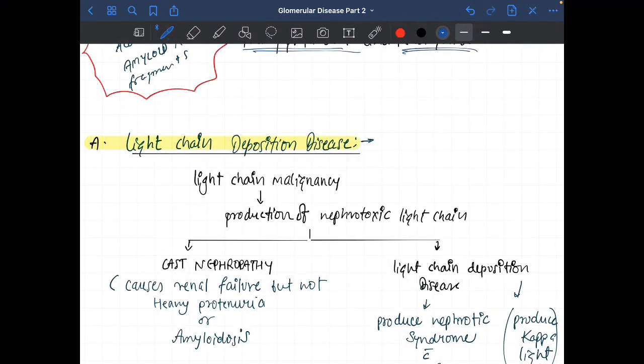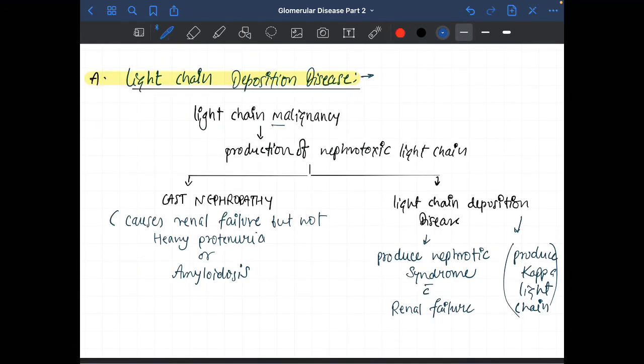So the first deposition disease we are going to talk about is light chain deposition disease. Light chain malignancy produces more light chains, so there will be production of nephrotoxic light chain that will cause cast nephropathy and renal failure, but not heavy proteinuria or amyloidosis. And the second one is light chain deposition disease. In cast nephropathy, there will be casts coming out in the urine.